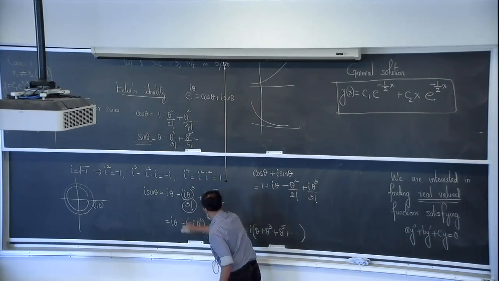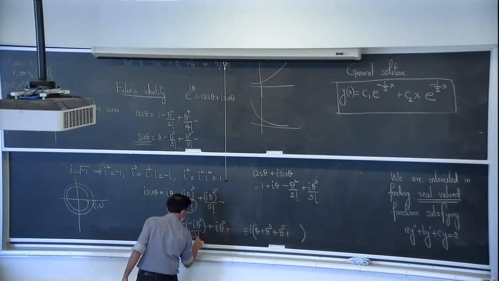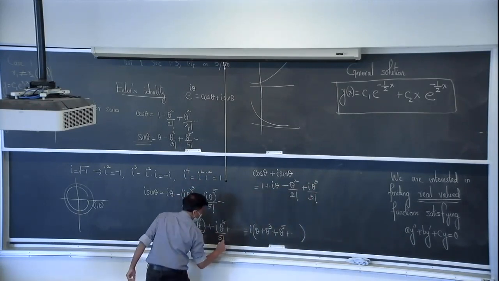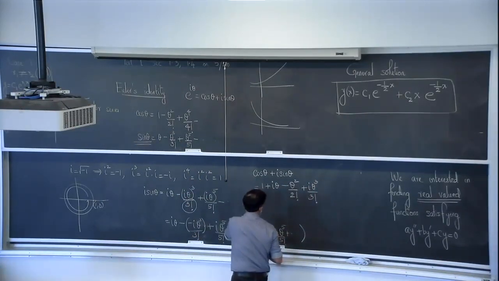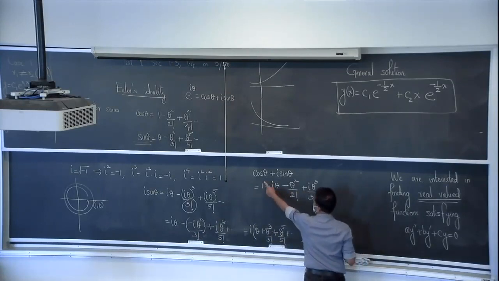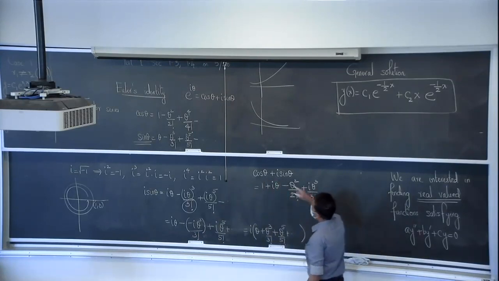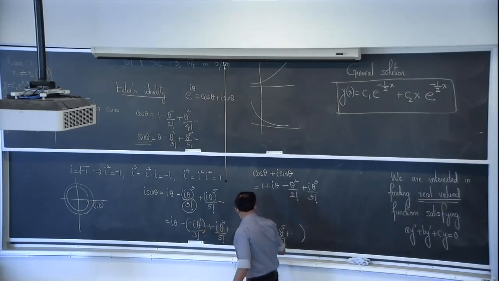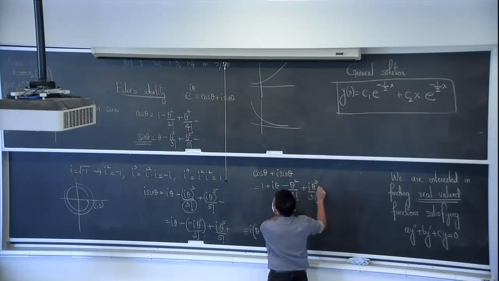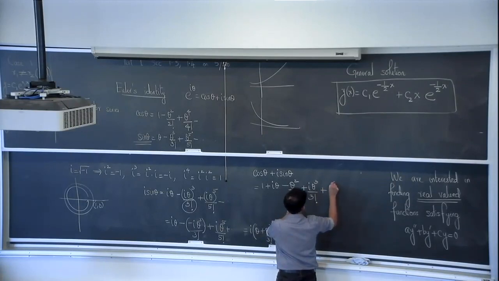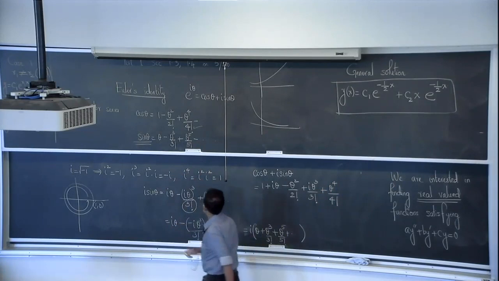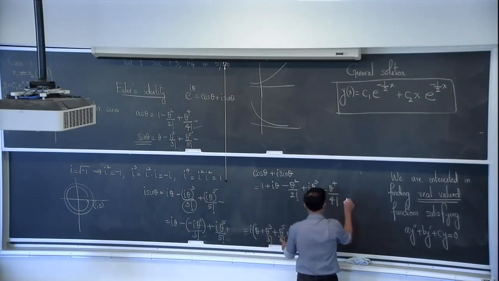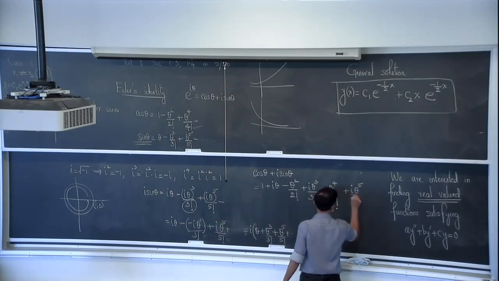This is still here. Sorry. So that is going to be the cosine theta term, and plus i sine theta, which is coming from here. So it's going to be plus theta to the power of 4 over 4 factorial. That is this term. Then you have plus i theta to the power of 5 over 5 factorial.